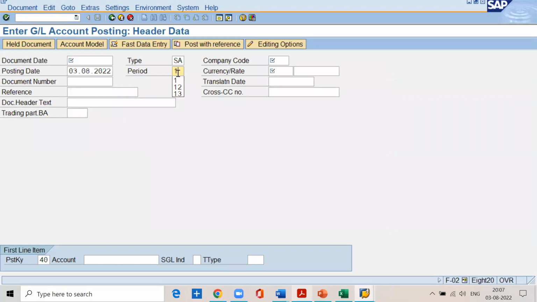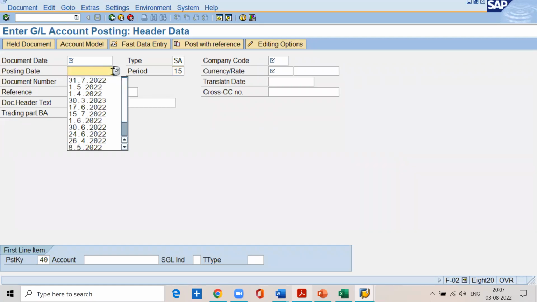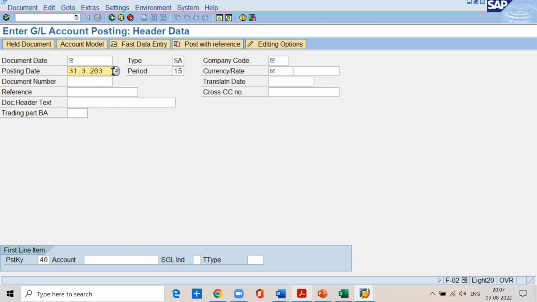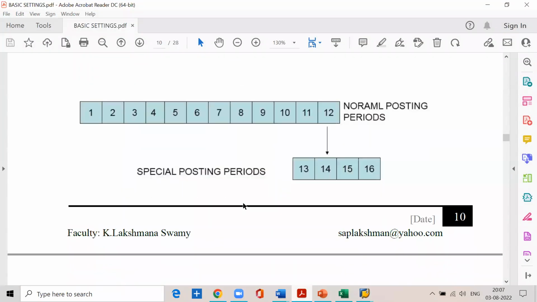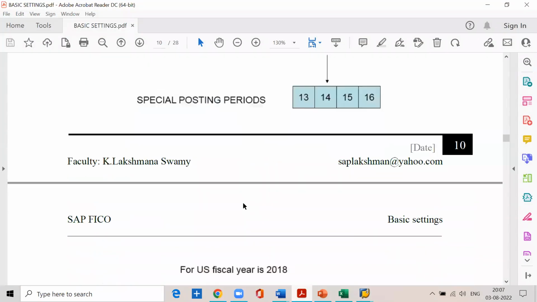If the user enters the period number 15, the system takes that as adjustment relating to previous year, and here the date is also given by the user, 31st March, or any date given by him in the posting date field. Clear, no? So that is the concept of fiscal year in the case of Indian companies.